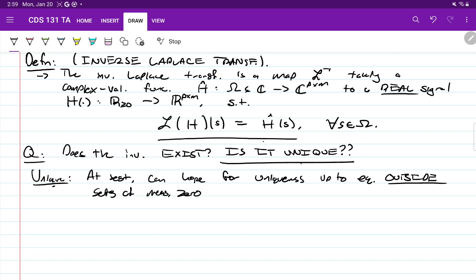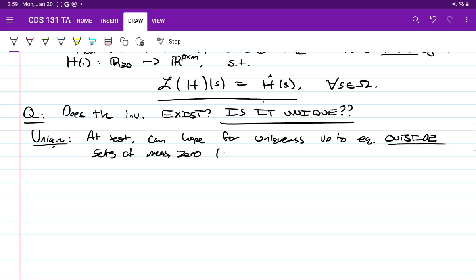If you haven't heard of these before, these are effectively sets of numbers that are ignored by integrals. An example of this would just be a single point set, like 0. So if the value of a function changes at one single point, the integral will pretty much just ignore the change at that point.